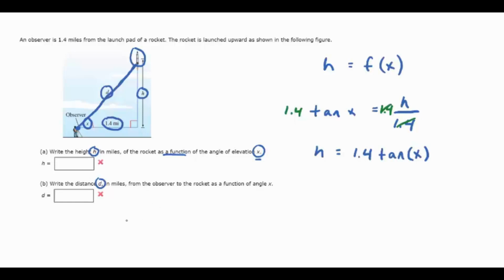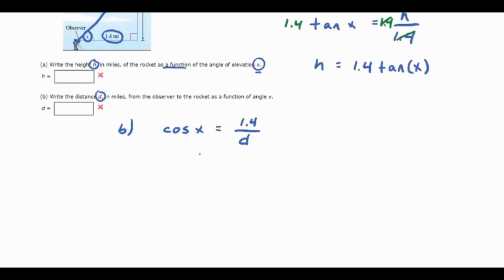So for part B, I would say this. So this is part A up here. For part B, I would say the cosine of x would be equal to the adjacent over the hypotenuse, which is d in this case. Now if I solve for d, think of it like this.